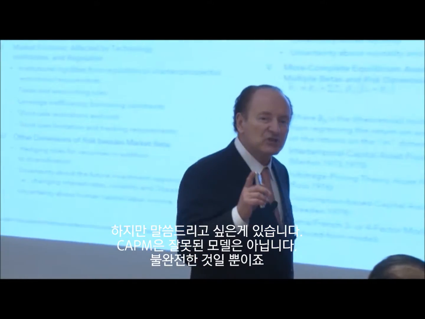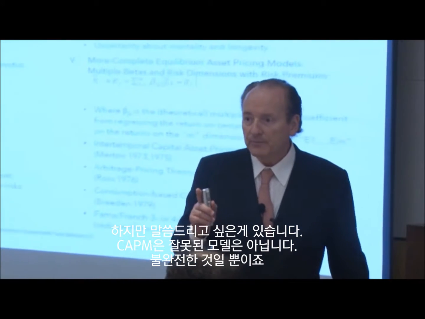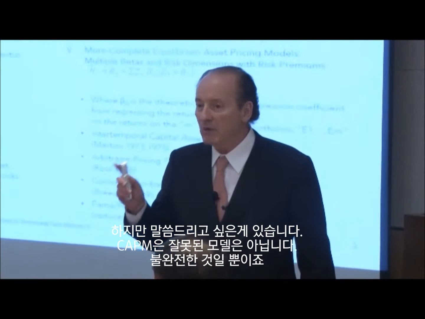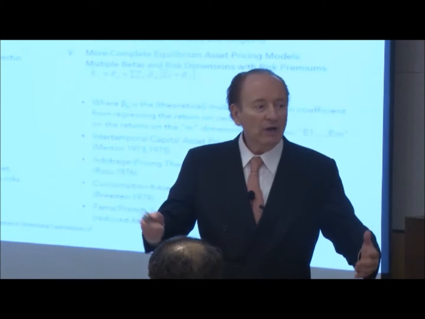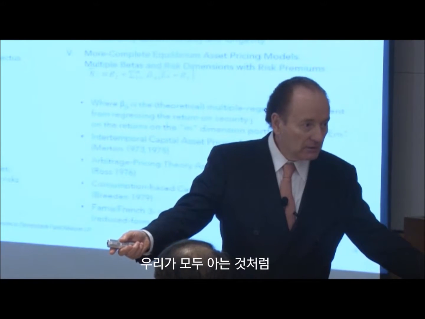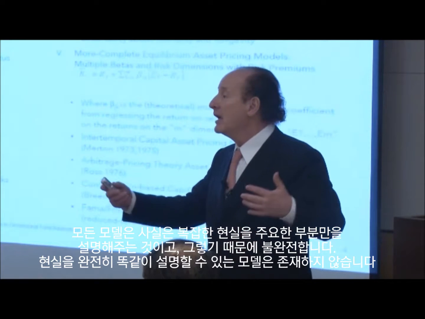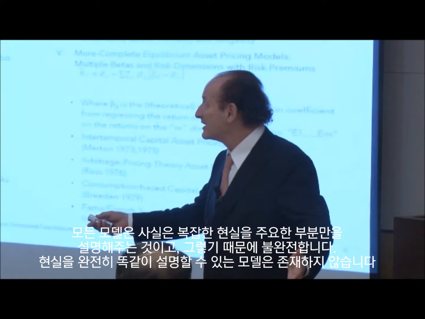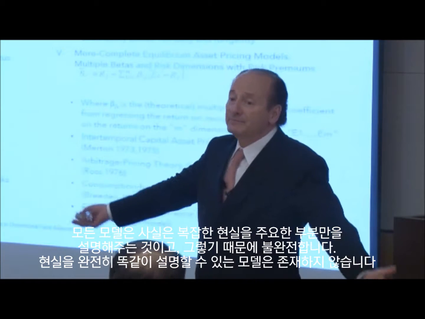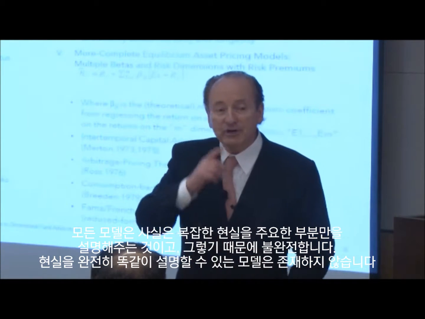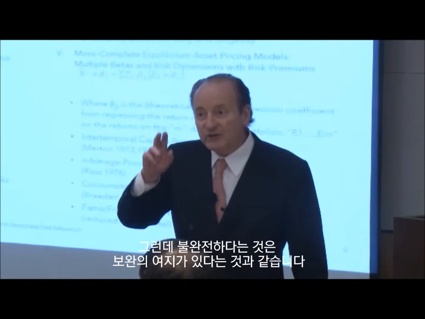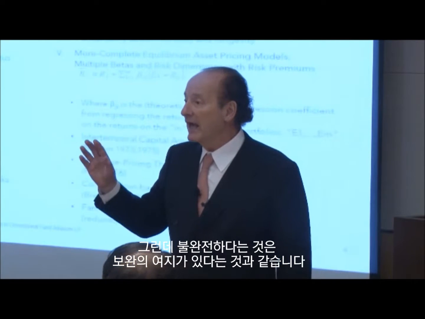The CAPM is not a wrong model. It's a too incomplete model. We all know every model is an abstraction from complex reality and thus incomplete. It doesn't explain all. But the notion of being too incomplete means it's not adequate.